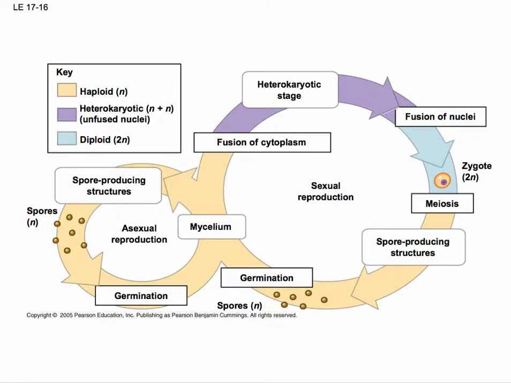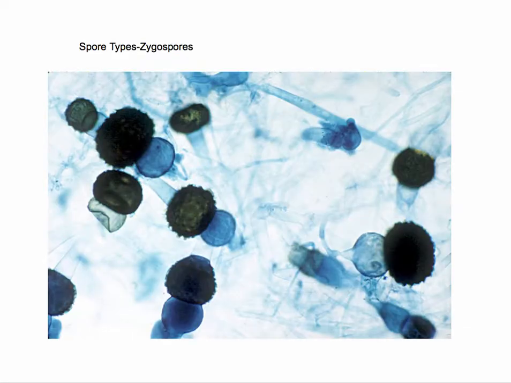So let's look at some of the spores that we've seen. And fungi are sort of informally classified by the type of spore that they produce. First type is what is called a zygospore, and this is where two haploid nuclei get together, form a diploid zygote, which becomes a sort of persistent resting stage. Bread mold would be a good example of a fungus that has this sort of thing.